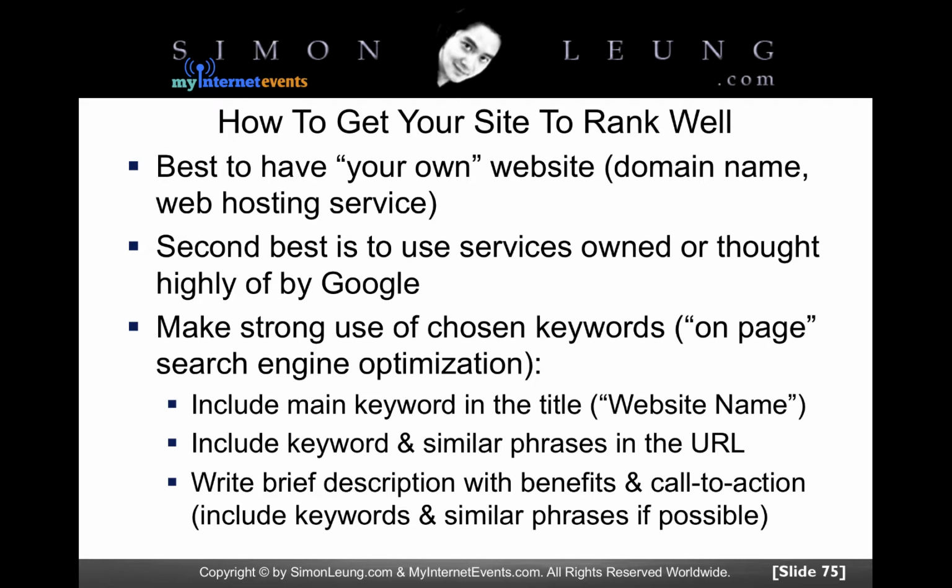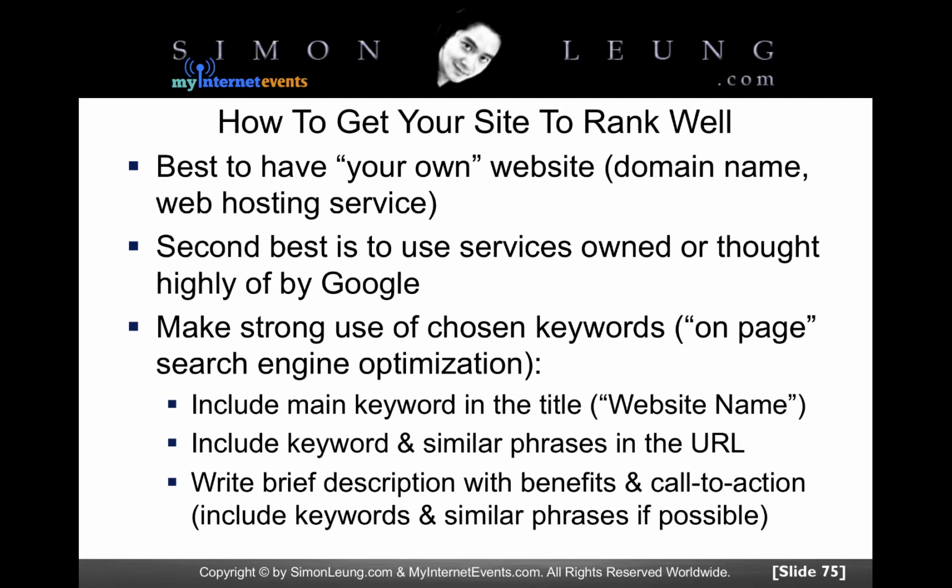The first part is called the title. As we mentioned before, this is a place where we want to put the main keyword that we're trying to target. It may also be known as your website name. In addition, that same keyword or similar phrases should also be put in the URL, the actual link of your website.